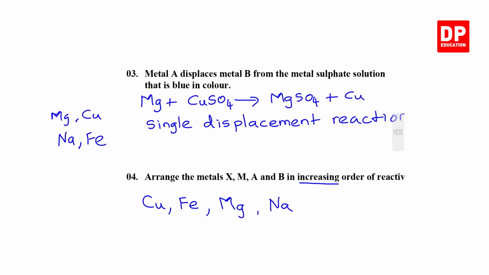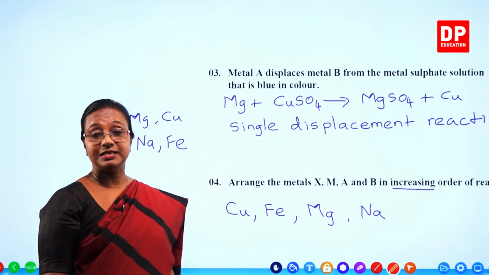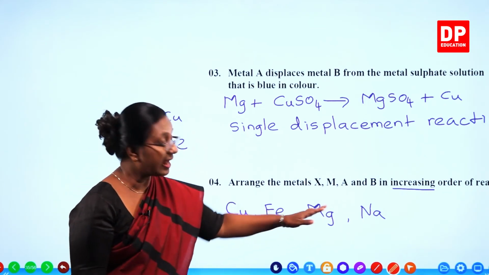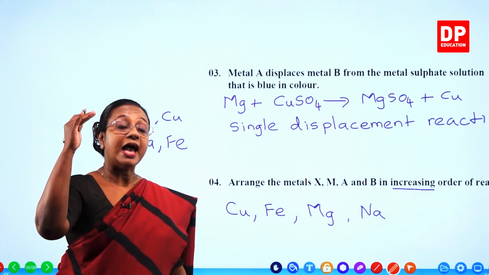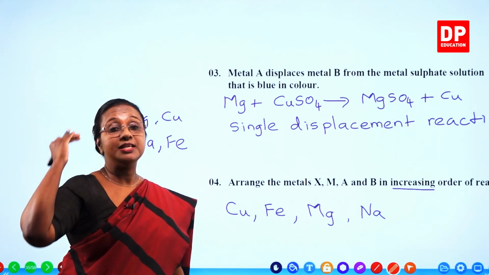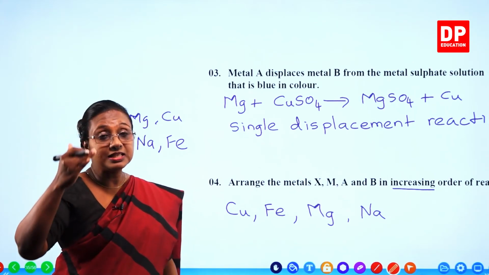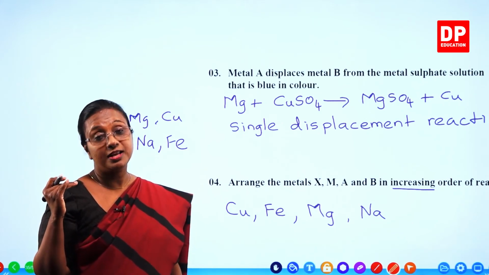Now if you had taken zinc there, then what happens? That is also less reactive than magnesium. So you need to arrange them this way. Is that clear, students? In the activity series, when you start from the top, at the top are the highly reactive ones, it is the decreasing order of reactivity.